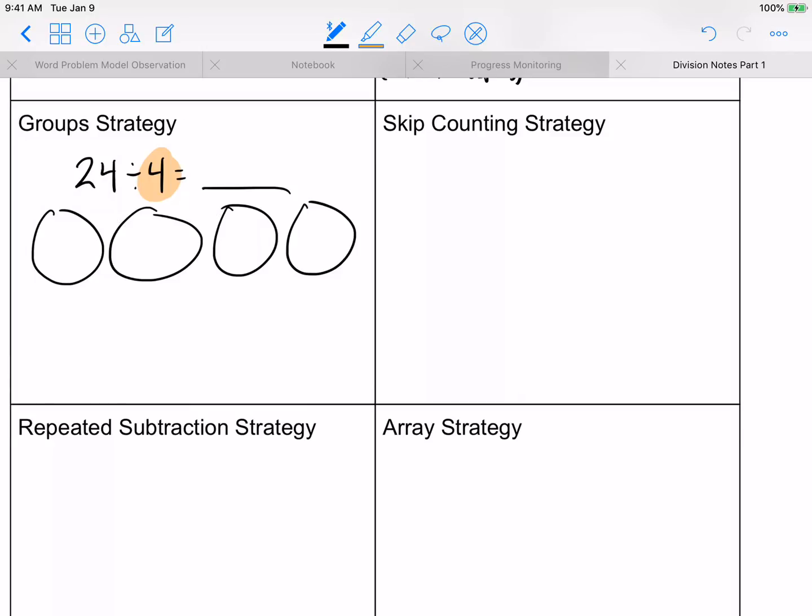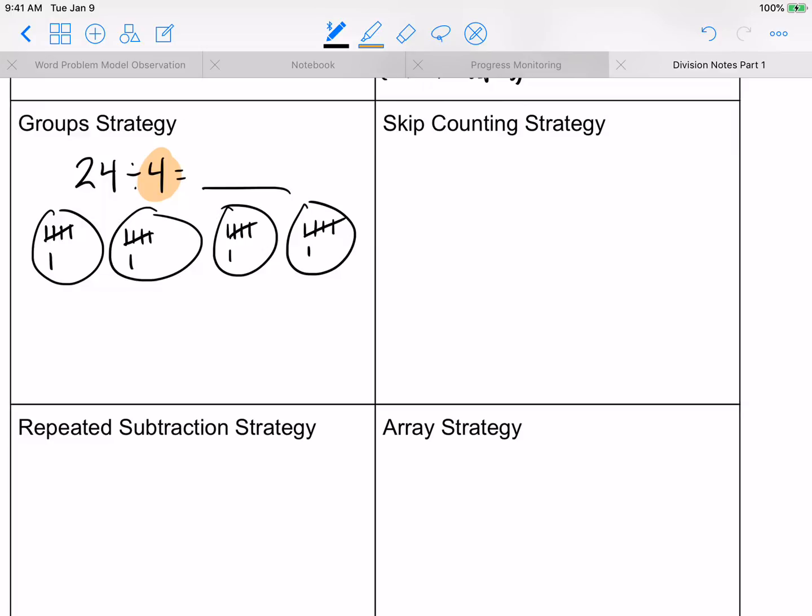And because I want to keep them equal, I'm going to put 1 in each group until I get to 24. 1, 2, 3, up to 24.